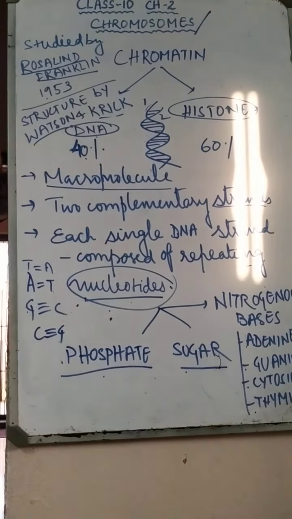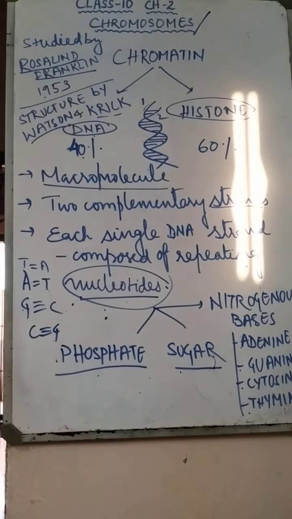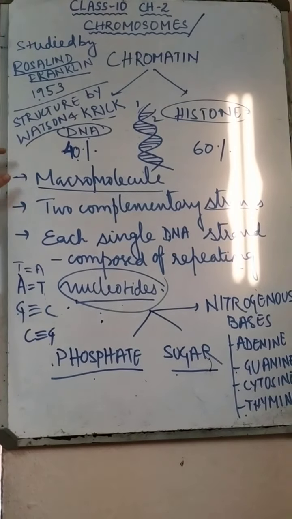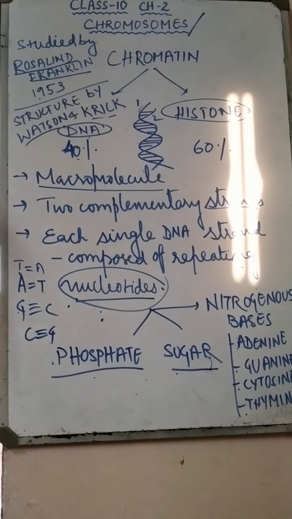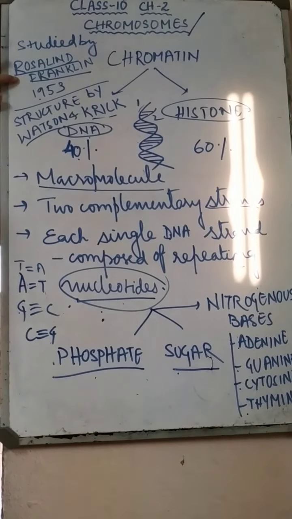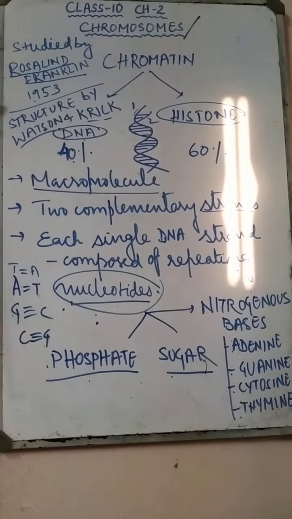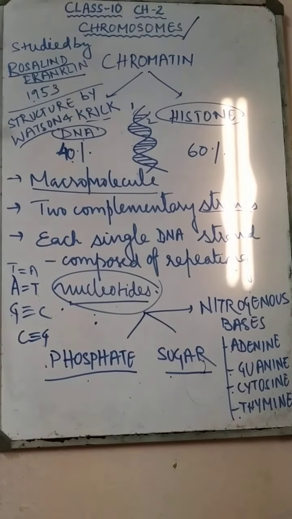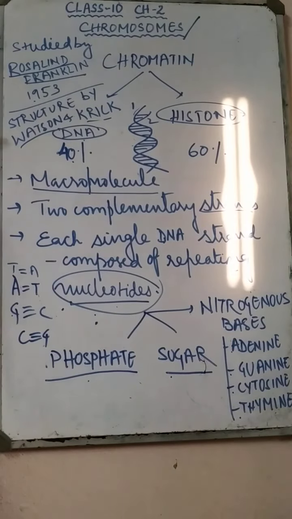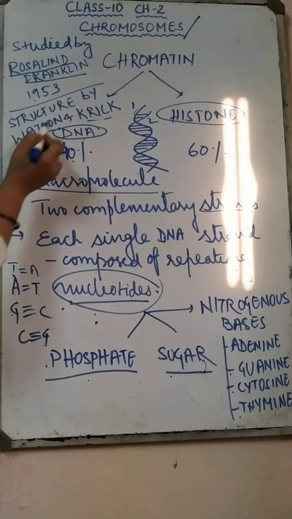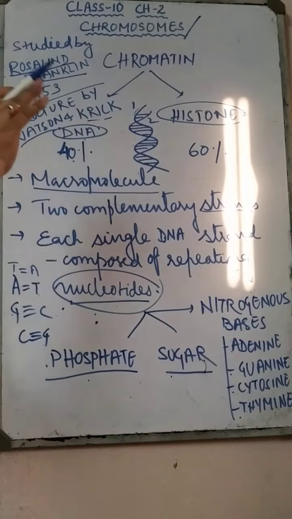What is the full form of DNA? Deoxyribonucleic acid. DNA is called a macromolecule. How DNA looks and what DNA is made up of, every detail, was given by Watson and Crick in the same year, 1953.